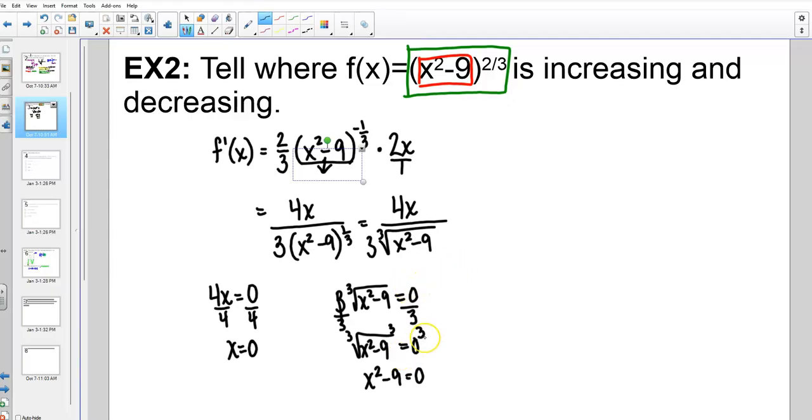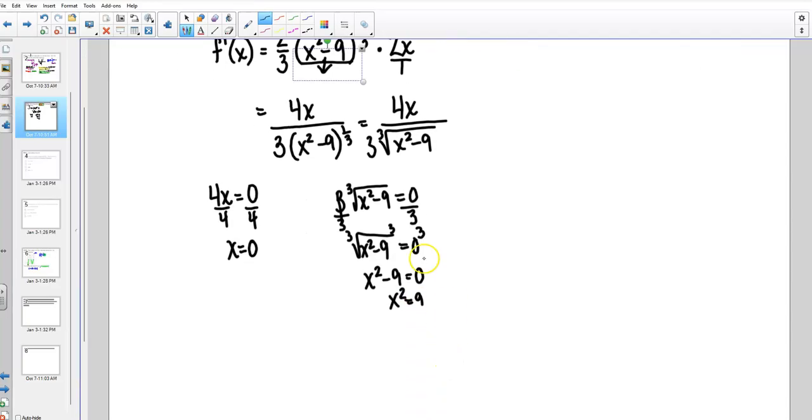If you do those first two parts in your head and realize that x squared minus 9 is the only thing that's going to make that 0, that's fine. We would move the 9 over, so x squared equals 9. And then we will square root both sides. What will we get? Plus or minus 3 for that.